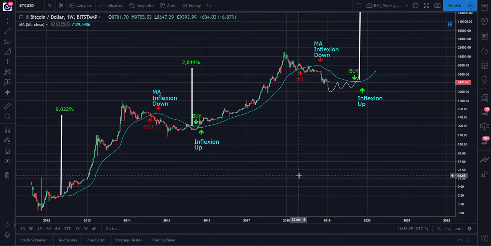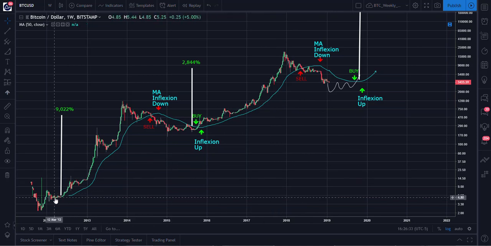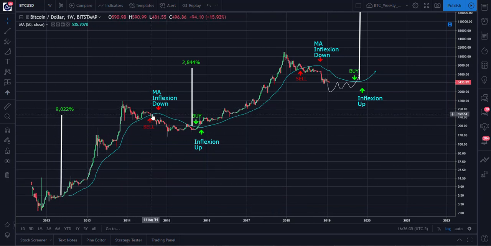Now let's flip that and go on the short side. So if you were long here and you sold immediately, then you went and took maybe a short position. You sell short when price goes below the moving average, and you buy to cover when price goes above the moving average. And the difference of that would still give you significant profits.